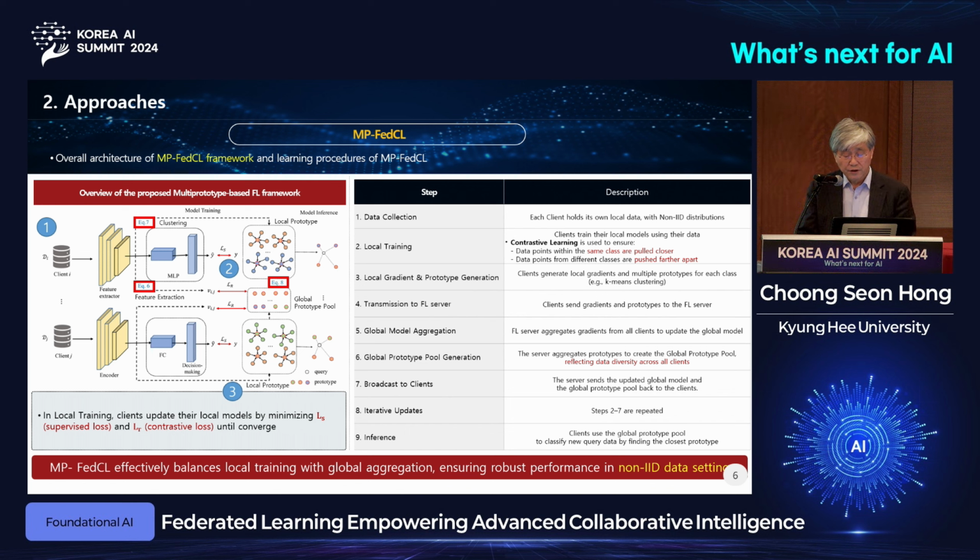At inference time, the global prototype pool is used for classification, ensuring that MP-FedCL delivers strong performance by effectively adapting to diverse and non-IID data.